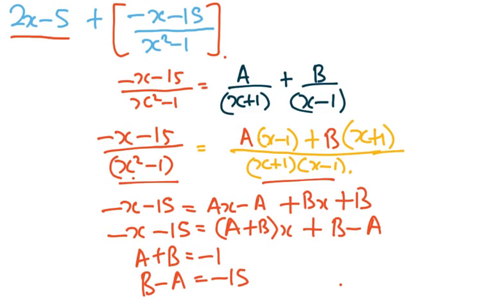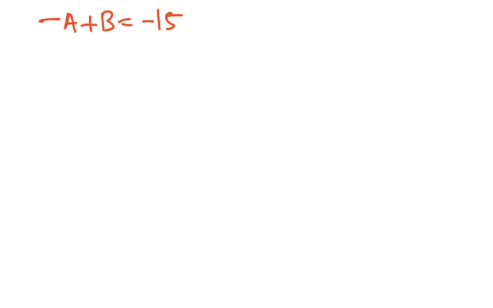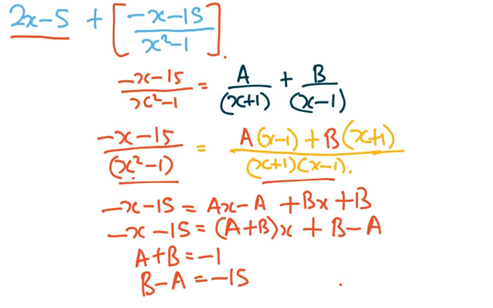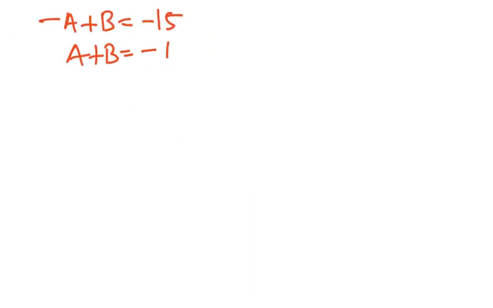Let's solve this. I can add both, so 2b equals minus 16, so b equals negative 8.